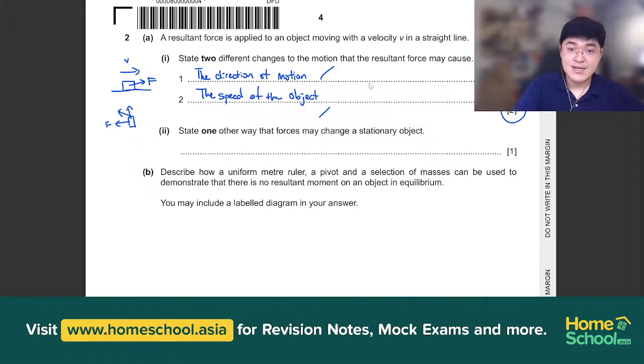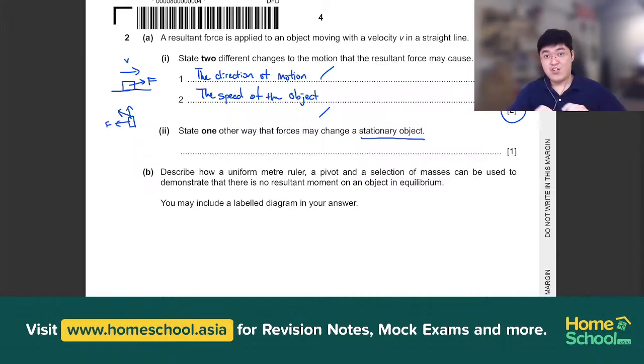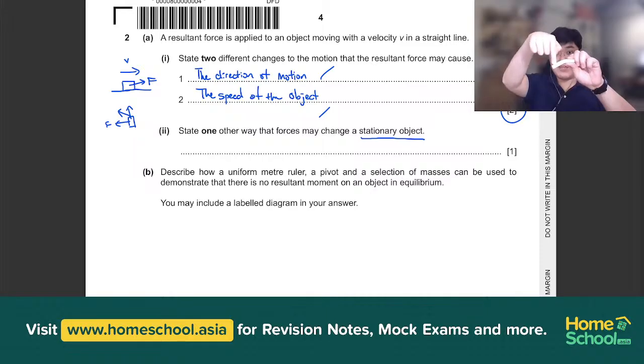Okay. So state one other way that forces may change a stationary object. All right. A stationary object, of course, when you exert a force onto it, it can accelerate, it can also change in shape and size. Because if you take a piece of sponge, as you see over here, and you exert a force onto it, don't you see the change in shape, right?